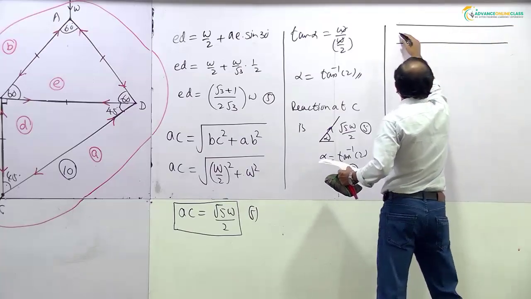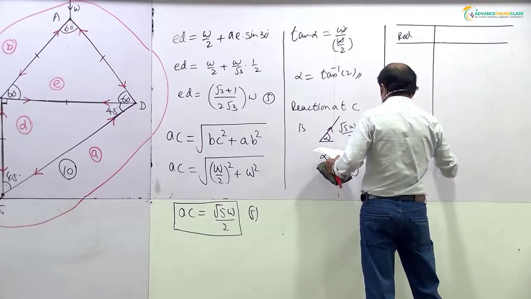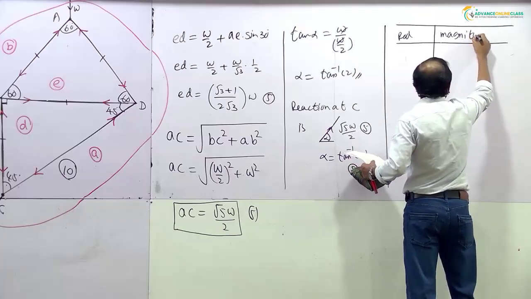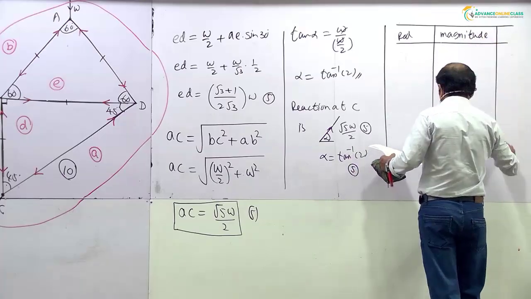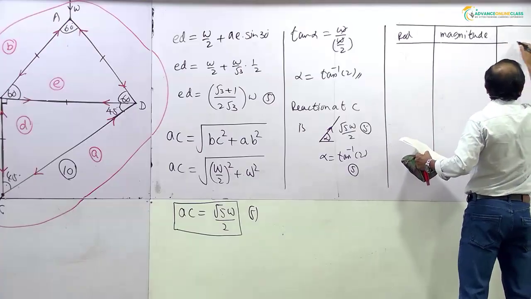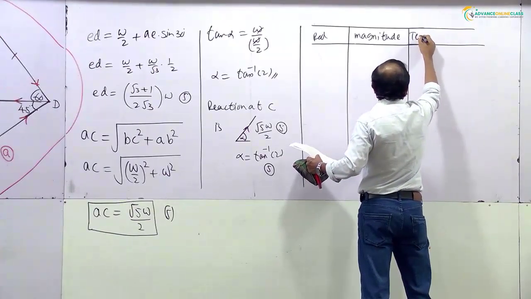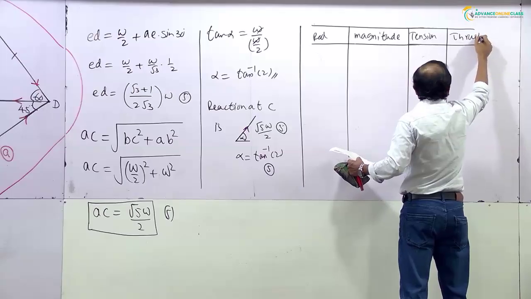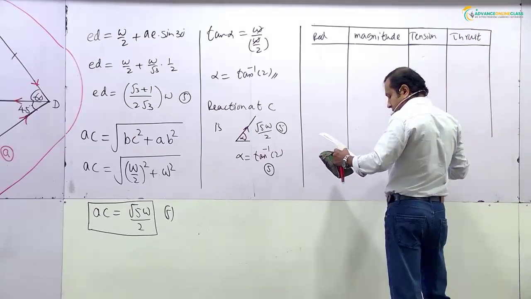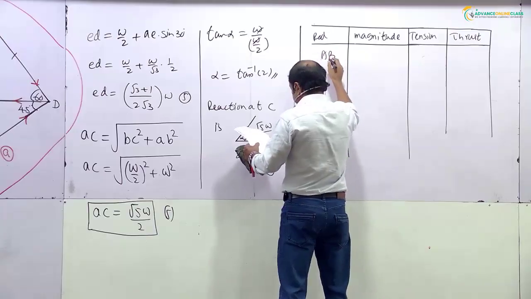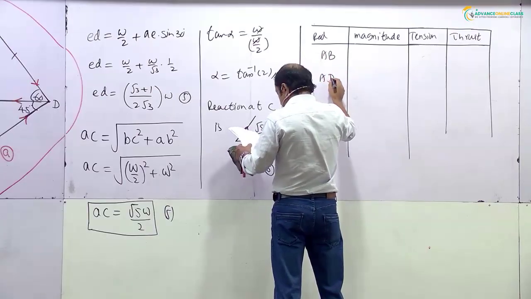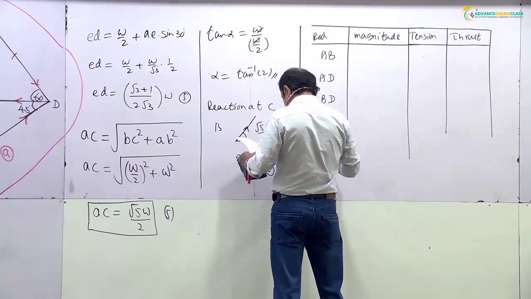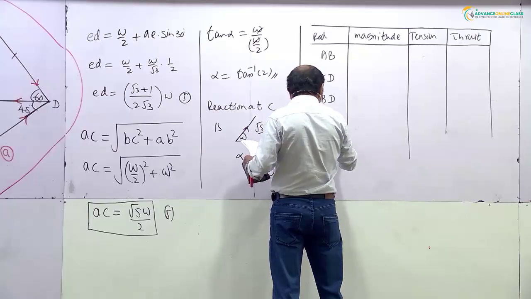Rod, magnitude, tension and thrust. The rods are AB, AD, BD, BC, CD.